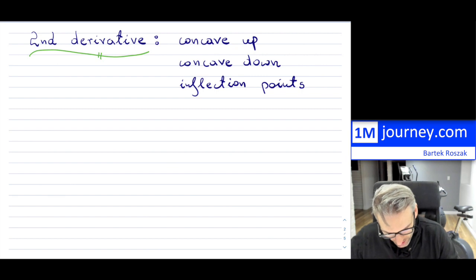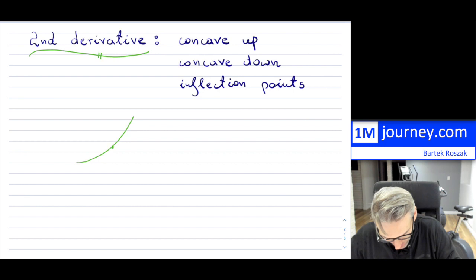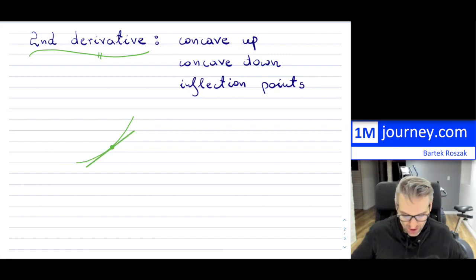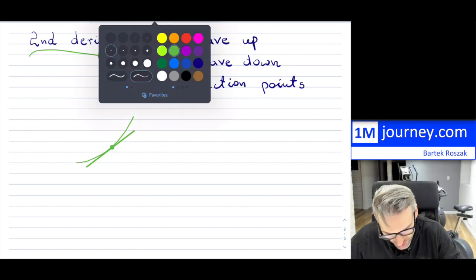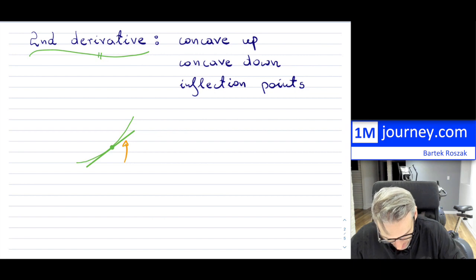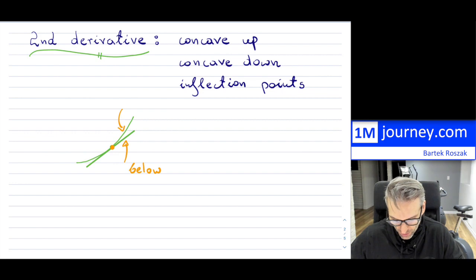For concave up, if you have a function and it looks like it's kind of accelerating in this way, and you take any point on that function and take a tangent line to that point, you will notice that concave up means your tangent line is going to be below your actual function. Aside from the fact that it's touching at that one particular point.